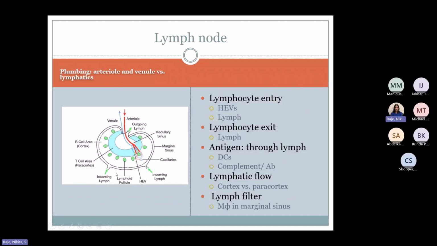Initially, when the lymph is draining into the lymph node, it drains into something called the marginal sinus. And then eventually it goes through the lymph node structure into the medullary sinus, and then outgoing lymphatics coming out of the lymph node carry that lymph fluid out.